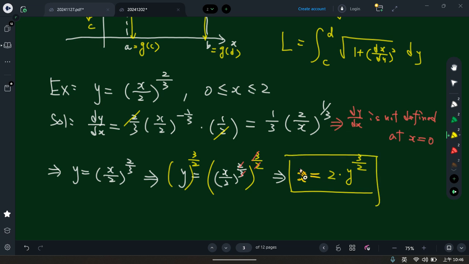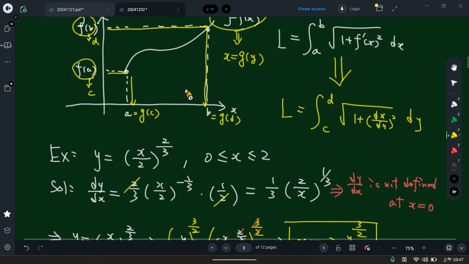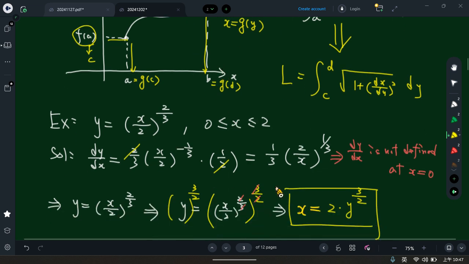So this is a new form, but even though it's a new form, the equation is still trying to describe the same curve. We just change the angle from x to y. You can see with this, we will use y to determine x.